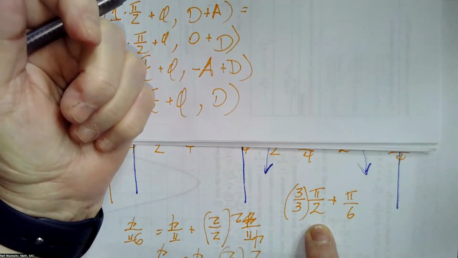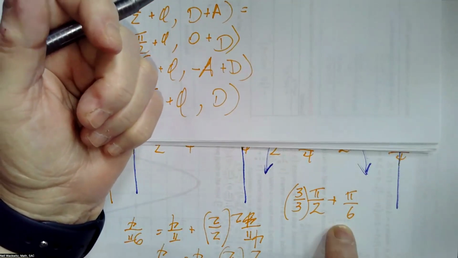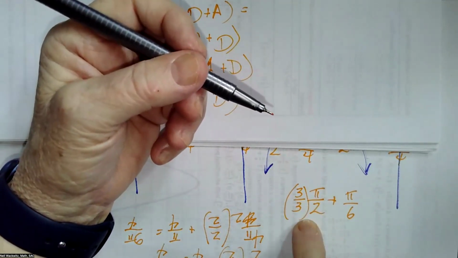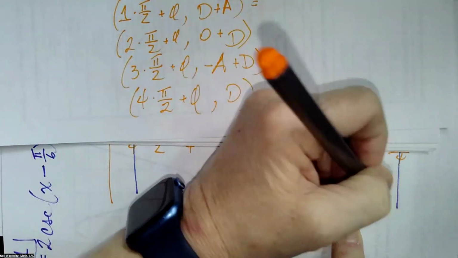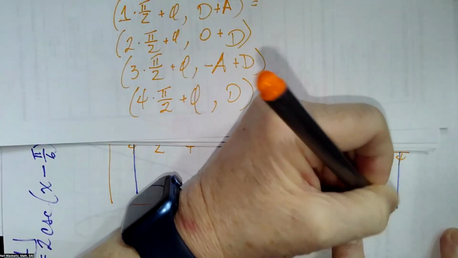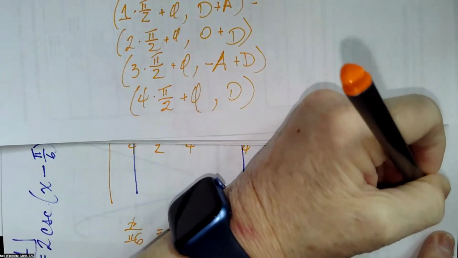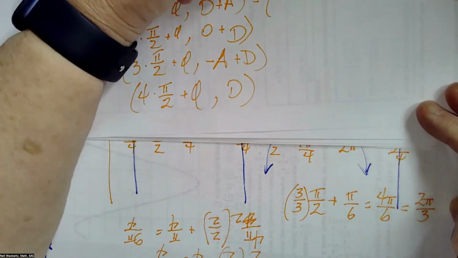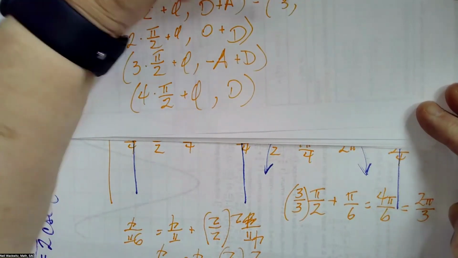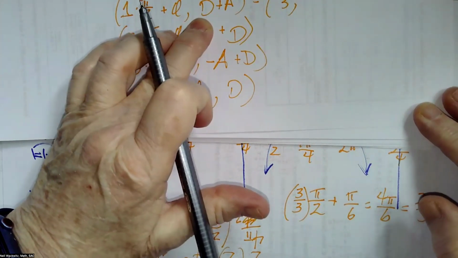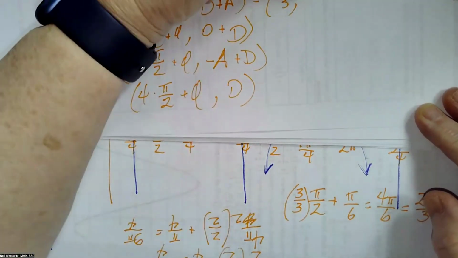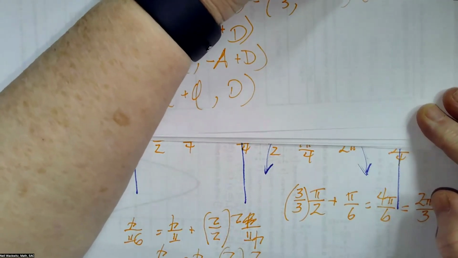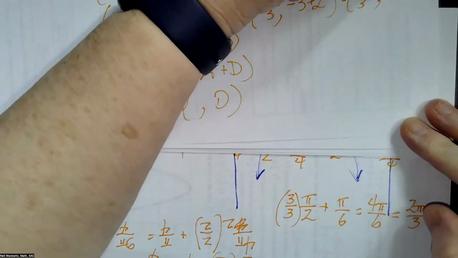So that you can add pi over 2 to pi over 6. Good. So I've got 3 pi over 6 plus 1 more. That's 4 pi over 6, which can be reduced to 2 pi over 3. D was negative 3, A is 2. Let's see, we've got negative 3 plus 2, which is negative 1.